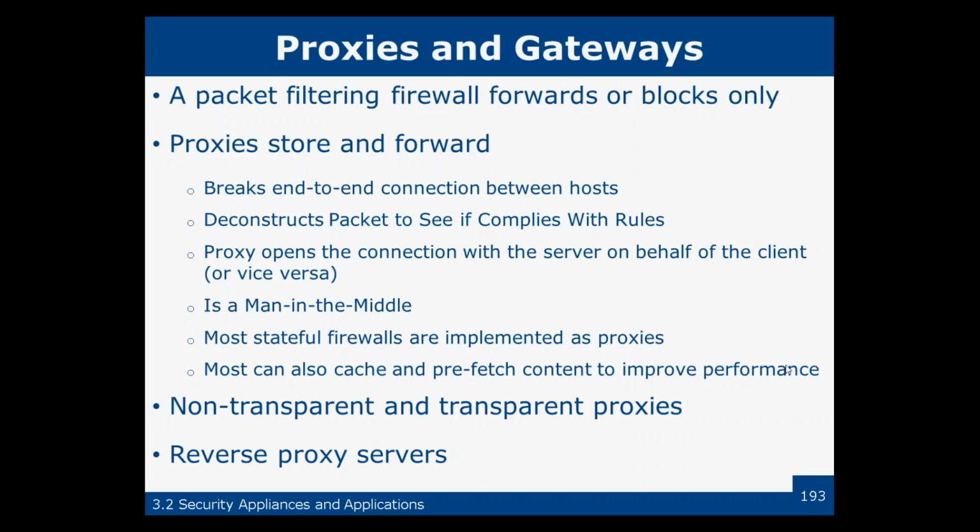What happens is we send a packet to the proxy server, and depending on what kind it is, say a web proxy, an HTTP packet, it deconstructs the packet to see if it complies with its rules, and we can have a number of rules on there. We can deny or permit based on keywords, IP address, web address, on and on and on.